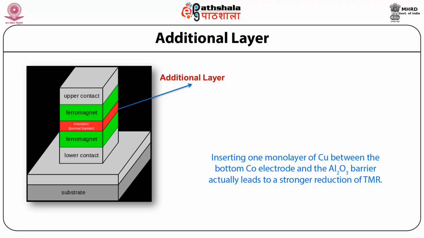Although most ferromagnets display a positive P in conjunction with Al2O3, Kaiser et al. have reported that cobalt-gadolinium alloy can exhibit both positive and negative P depending on the alloy composition.